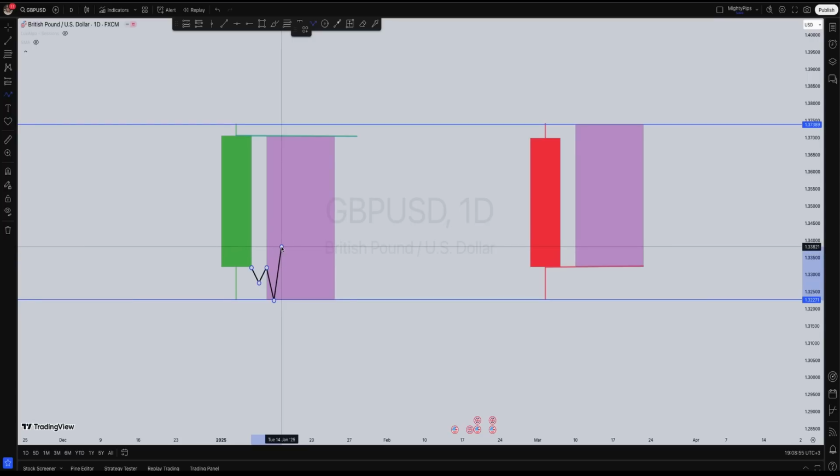We may produce a very quick movement up and down like this, and then it moves up and creates the distribution until it closes the day. It first goes up and creates that wick here, and then it comes back down and closes at the end of the day like that.